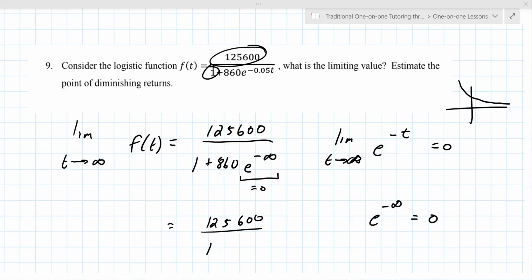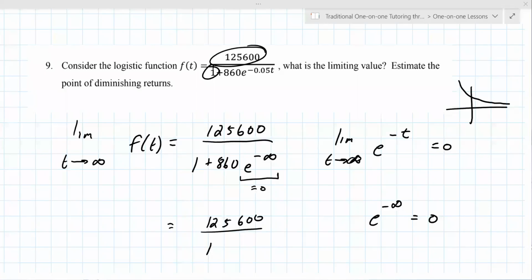It really depends on the context. So let me see if I can get a nice window for this. I'm graphing it on my side, from 0 to 130,000.